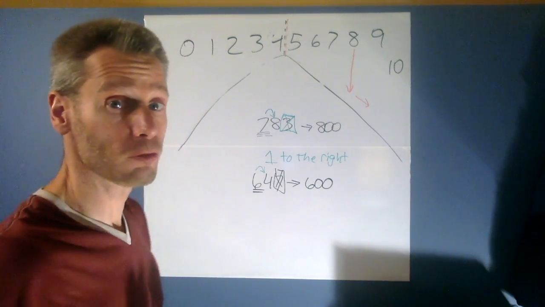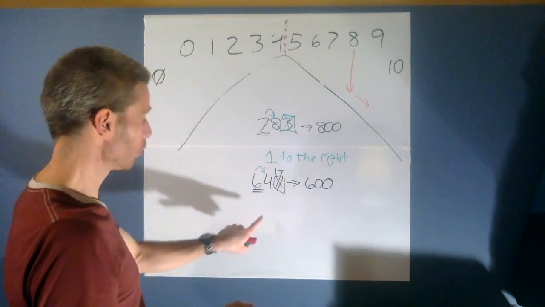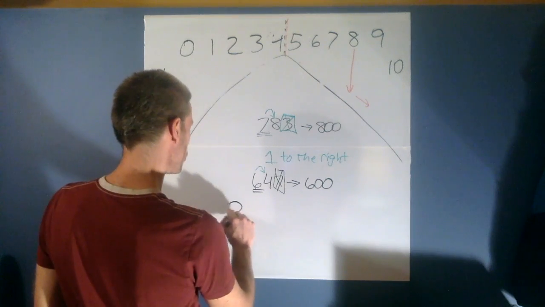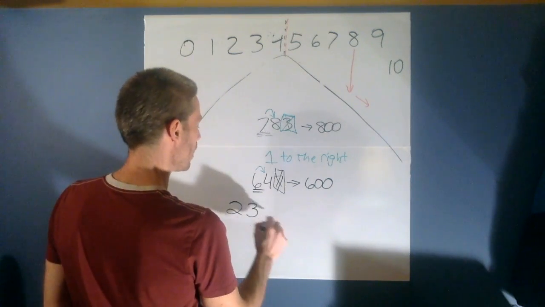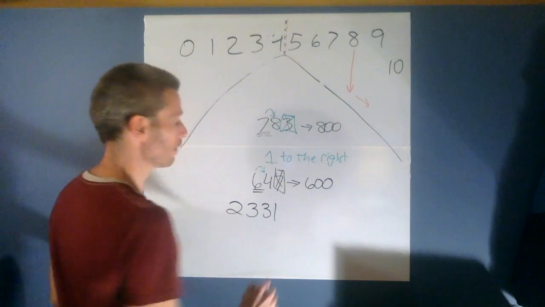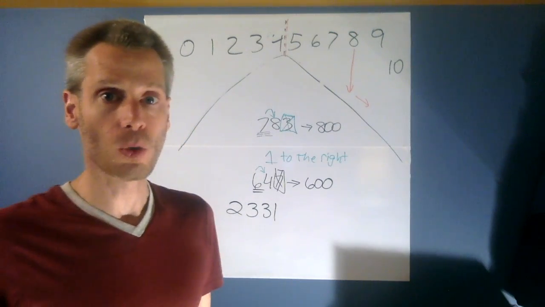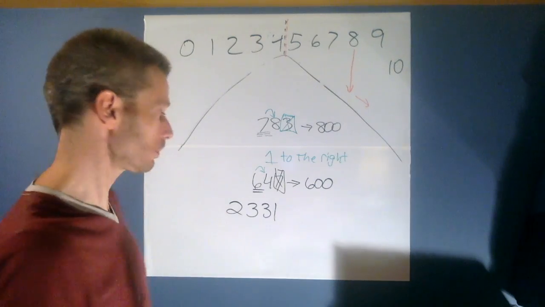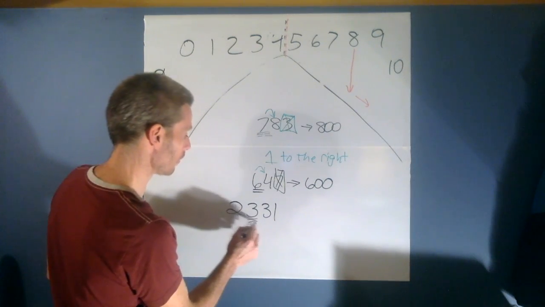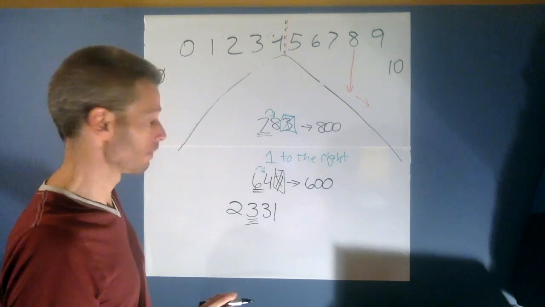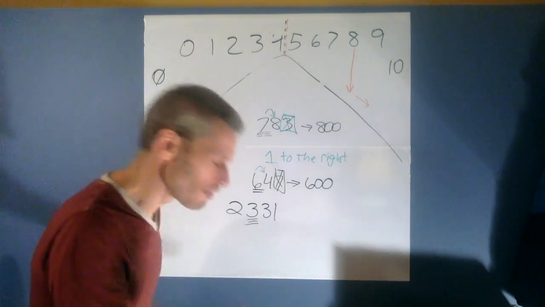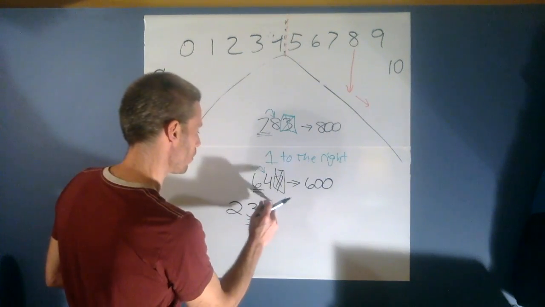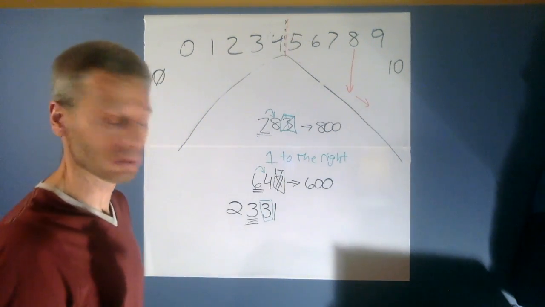Now, curveball. I think you can still see down here. Let's say I have a bigger number, 2,331. And this one, I want you to round off to the nearest hundreds as well. I underline my hundreds. I ignore everything except for the number 1 to the right, okay?